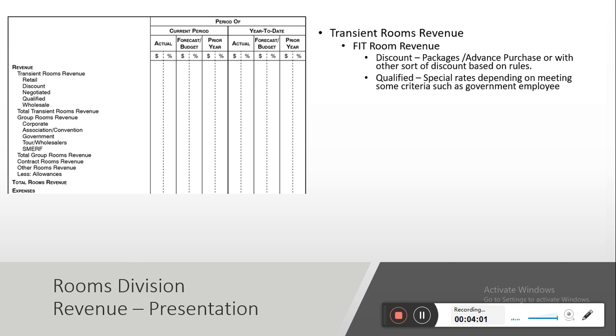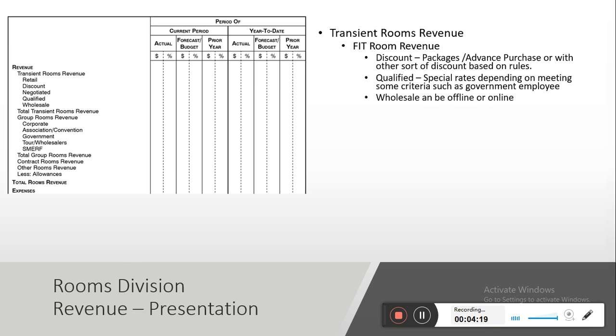The next category in this is the wholesale rate. The wholesale rate is also a bulk room sold to a travel agent, online or offline, for reselling.